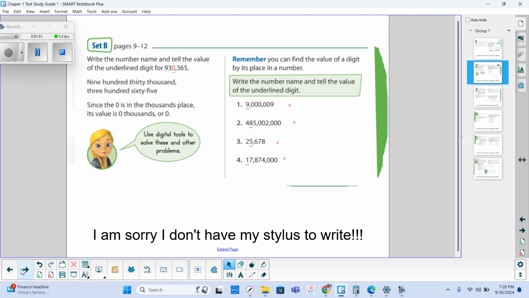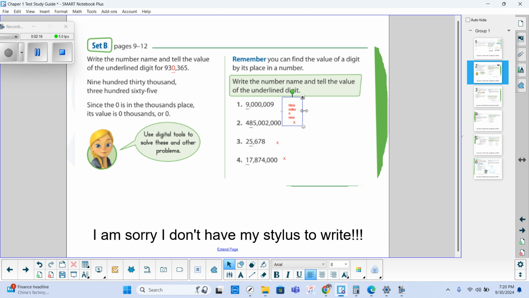For this next set, set B, it says, can you find the value of the digit by its place in a number? Write the number name and tell the value of the underlined digit. So the name of the number here is 9,000,009.